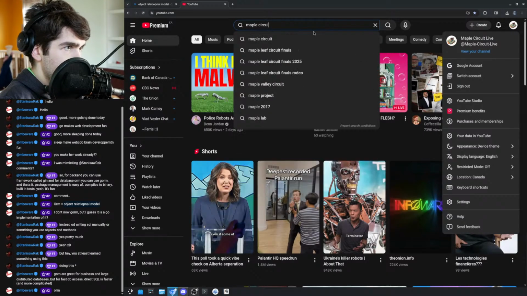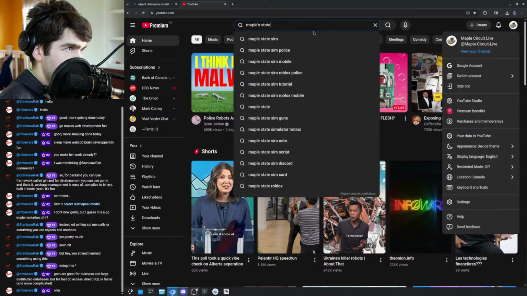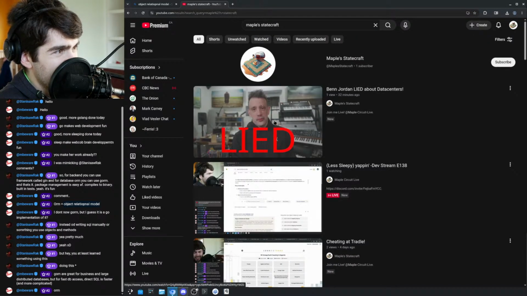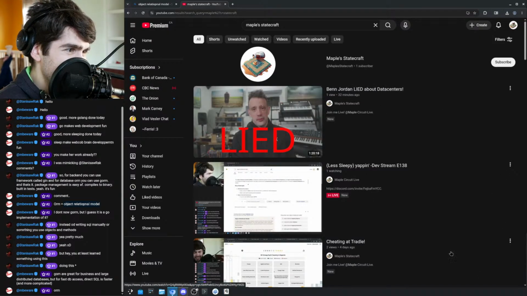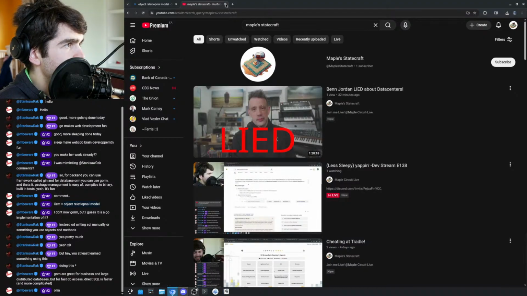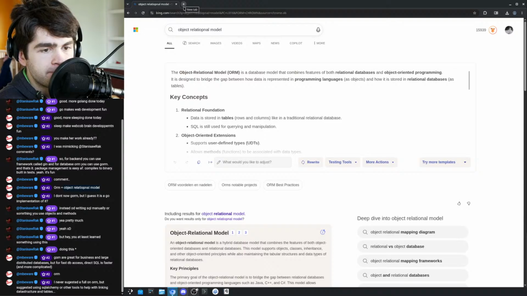Maples statecraft. That's the picture we got. That's the one we like, okay? So yeah. It's not the best edit, but I'm getting there.